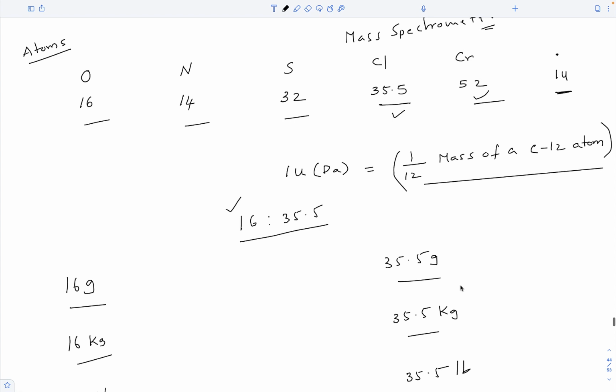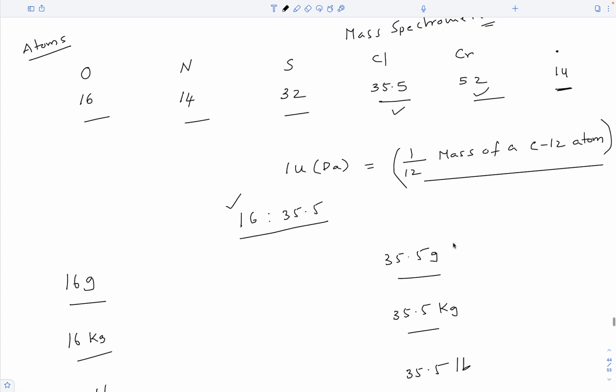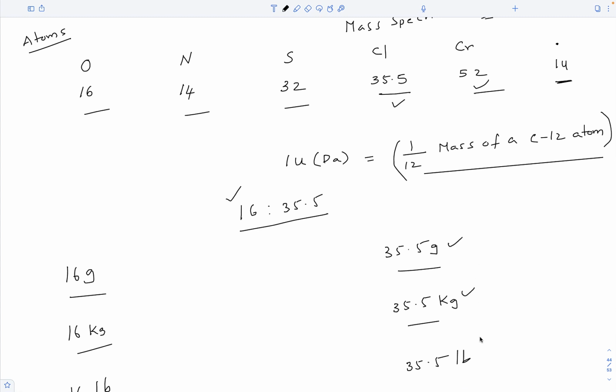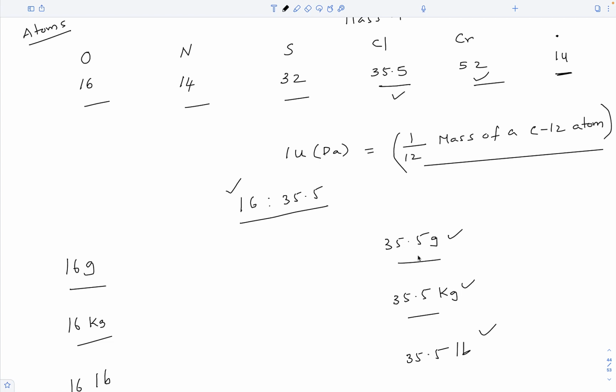So, to get equal number of atoms of different elements, the weights of those elements that you buy must be in the same ratio as the ratio of their relative atomic masses or atomic weights. As simple as that. Okay, now let us say we want to buy equal number of atoms of all elements.